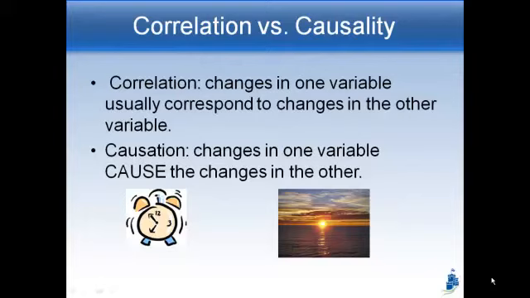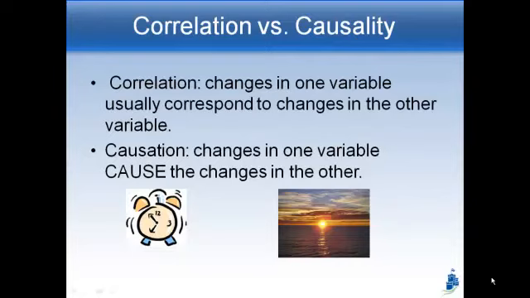So for example, and let me explain the difference. For correlation, changes in one variable correspond to changes in the other variable. We can say that they correspond. For causation, changes in one variable cause the changes in the other. And let me explain the difference using this example. So you see the sunrise here and you see alarm clocks. The time at which most alarm clocks go off and the time at which the sun rises, there's a correlation between those two things.